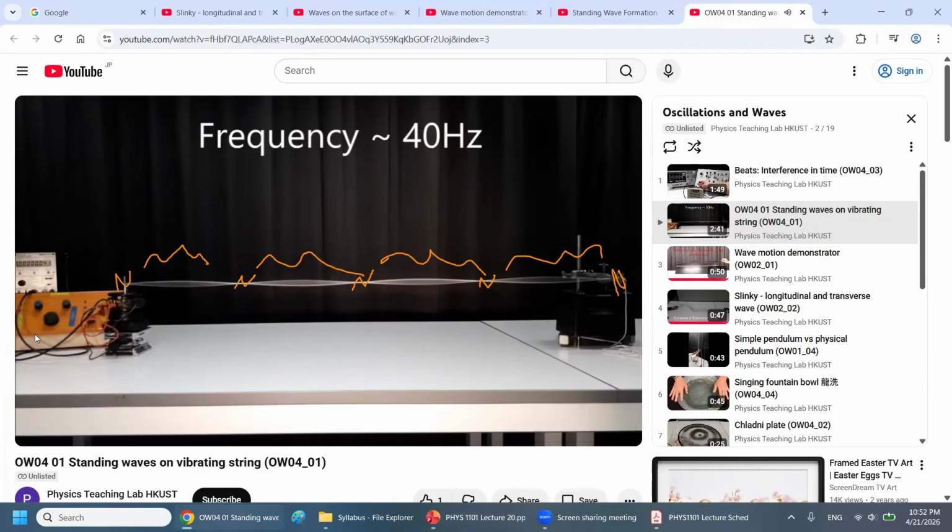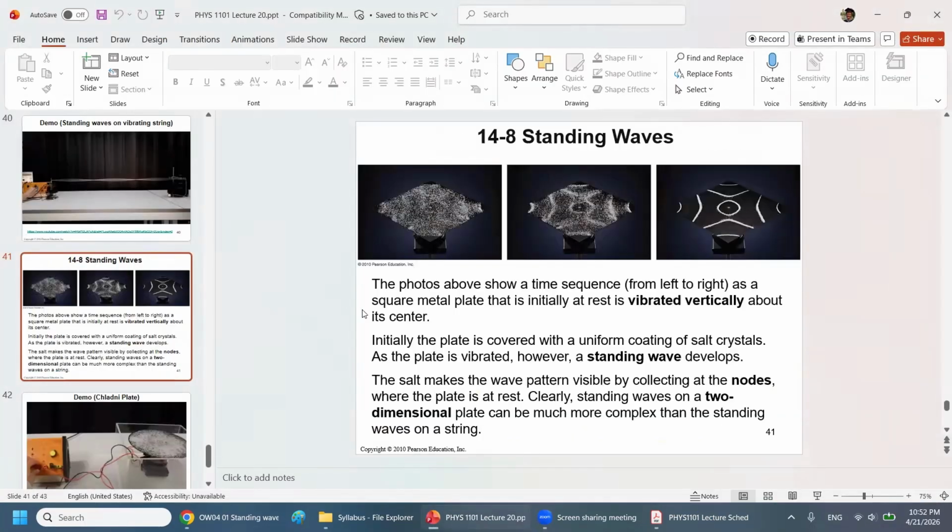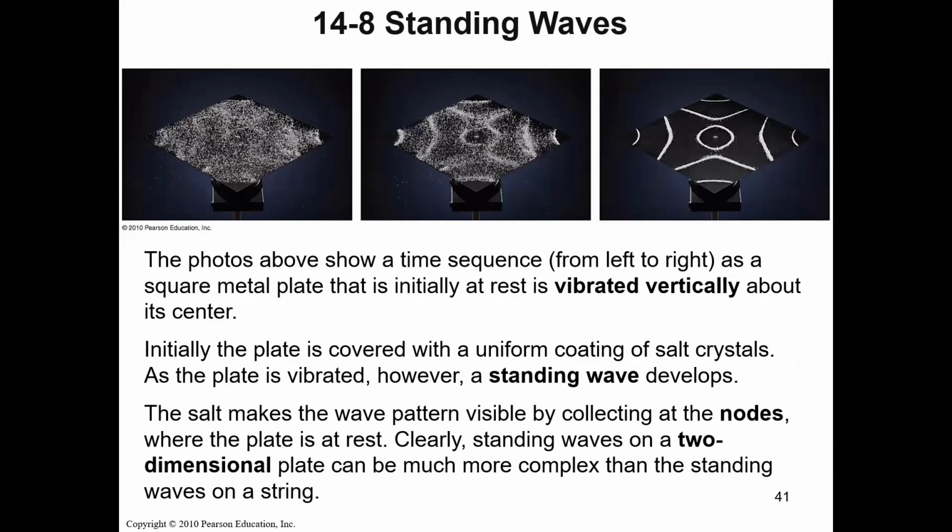The last thing we want to mention is that this is a one-dimensional standing wave. If we have a two-dimensional space, we can also have a standing wave. The way we show it is that we can have metal plates vibrating and generating a standing wave, and then we can put salt crystals on them. When the plate is vibrating, the standing wave develops, and the salt will be collected at the nodes.